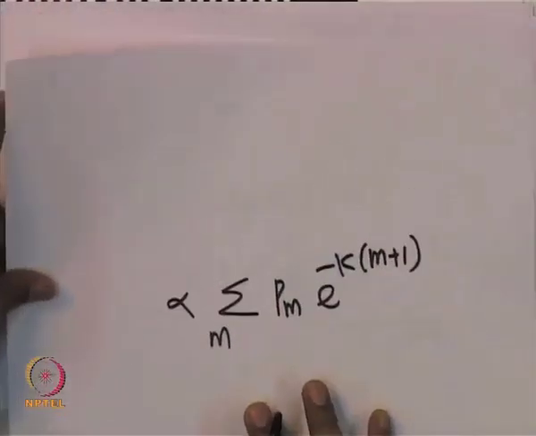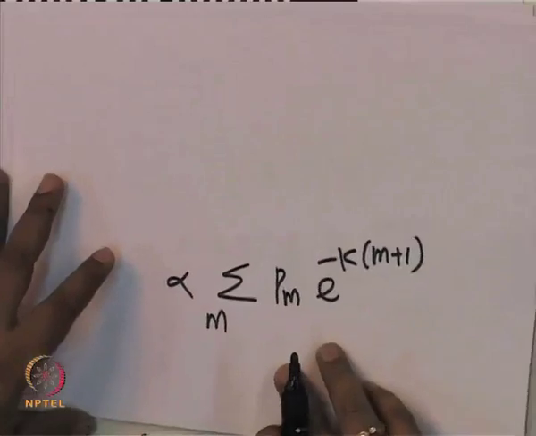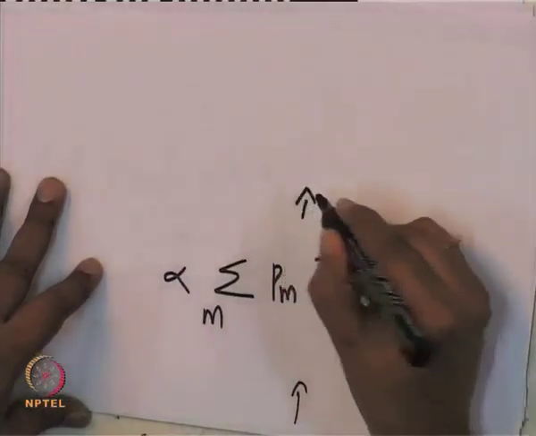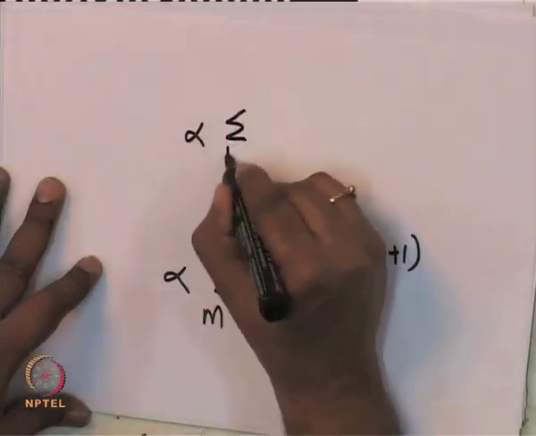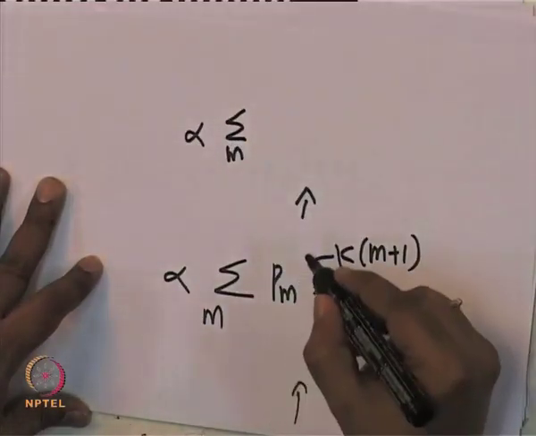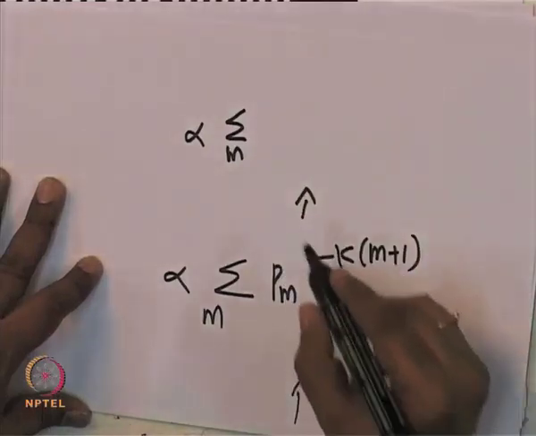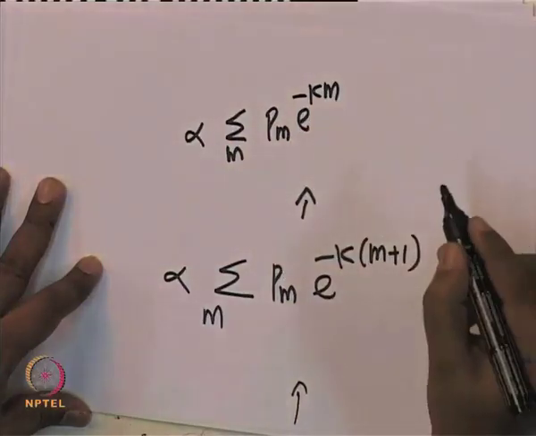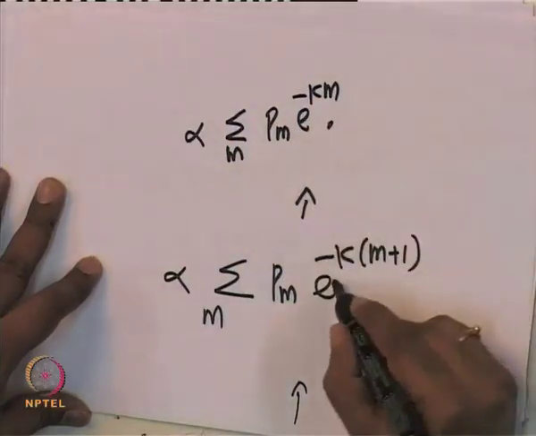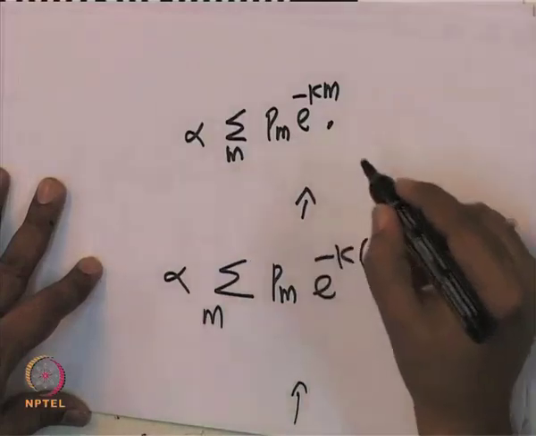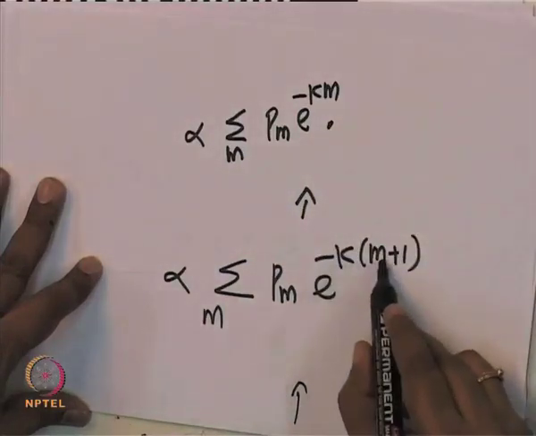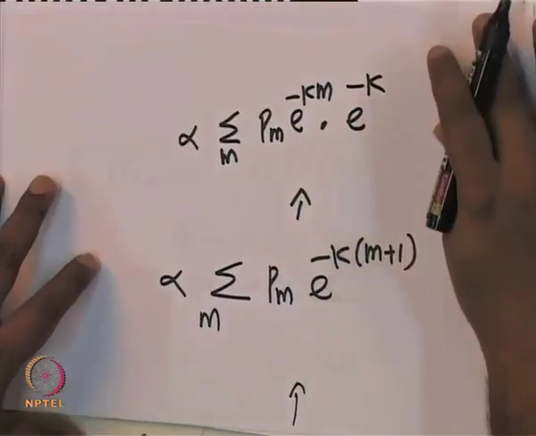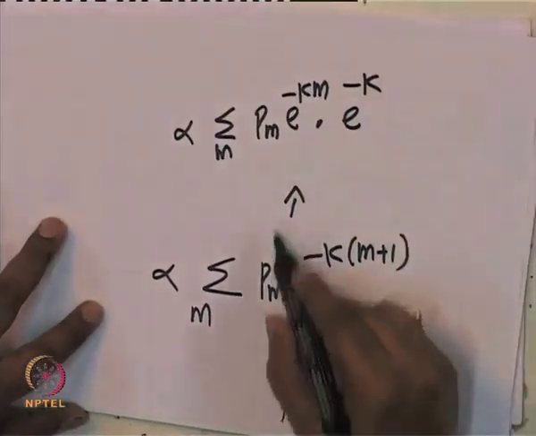So, this term becomes alpha into sum over m p m e power minus k into m plus 1. This can be written as alpha into sum over m p m e power minus k m into e power minus k. You can see this e power minus k m plus 1 can be written as e power minus k m times e power minus k.